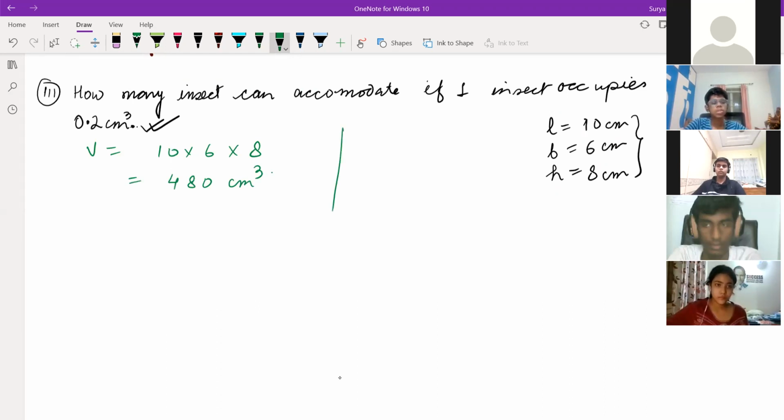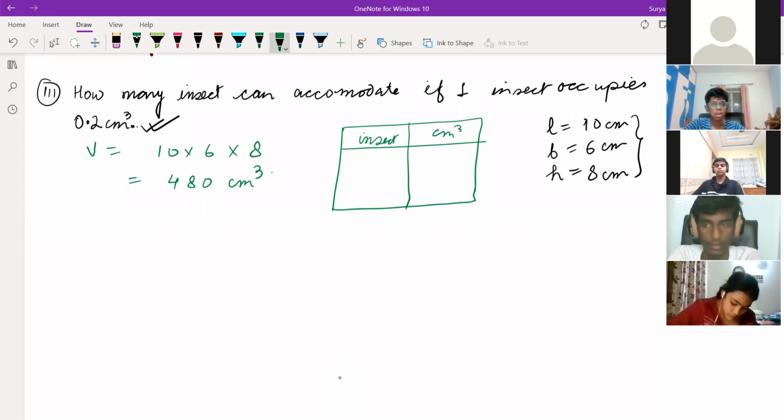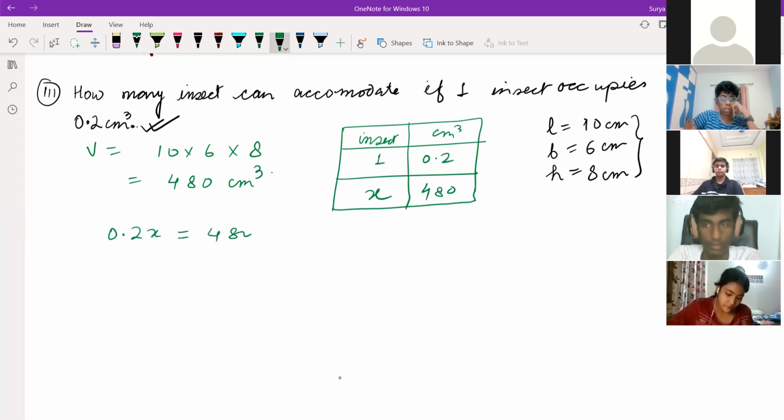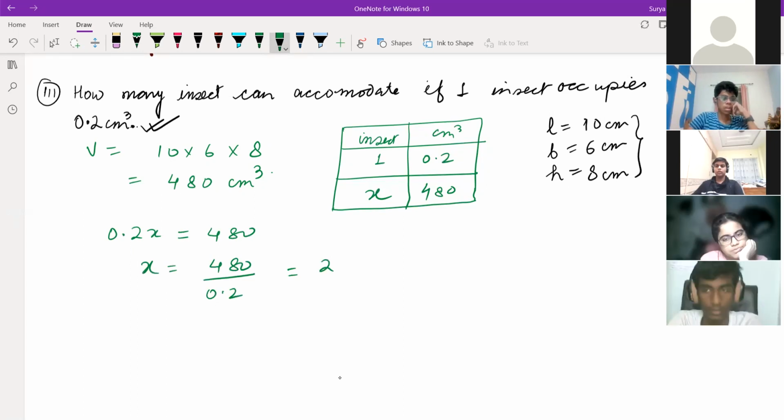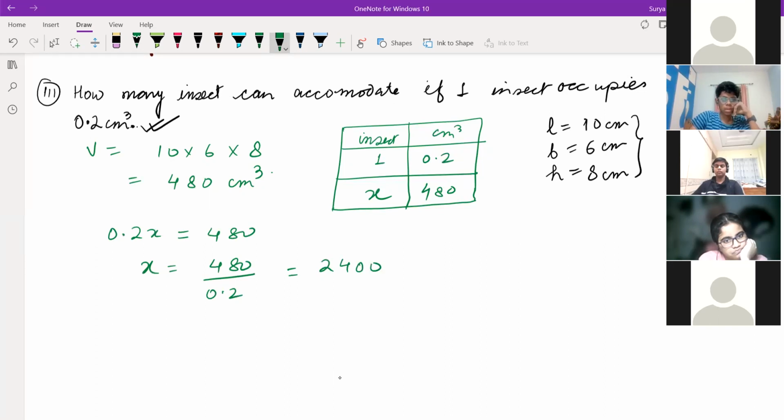See, here if you are using the unitary method, I'm writing insect here and centimeter cube here. One insect occupies 0.2 centimeter cube, so 480 centimeter cube we have, with x insects. So 0.2x equals 480, so x equals 480 divided by 0.2, which is 2,400.